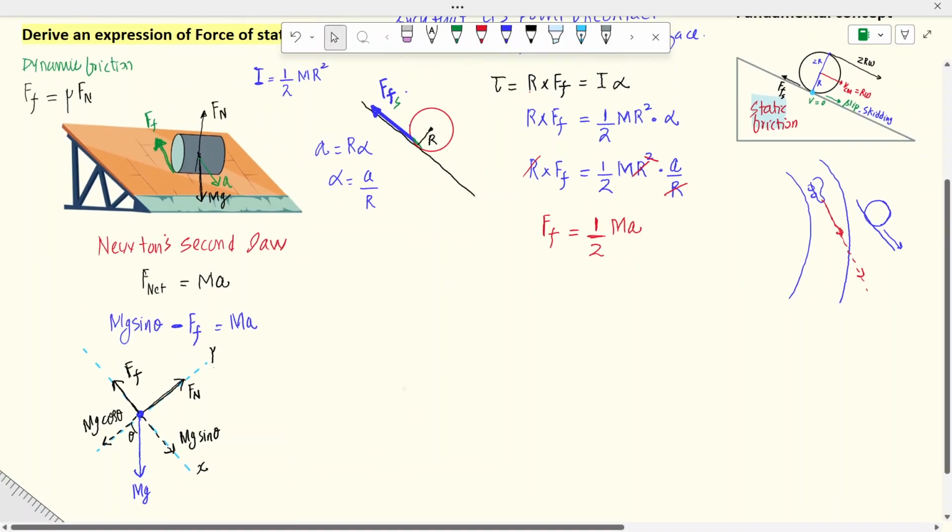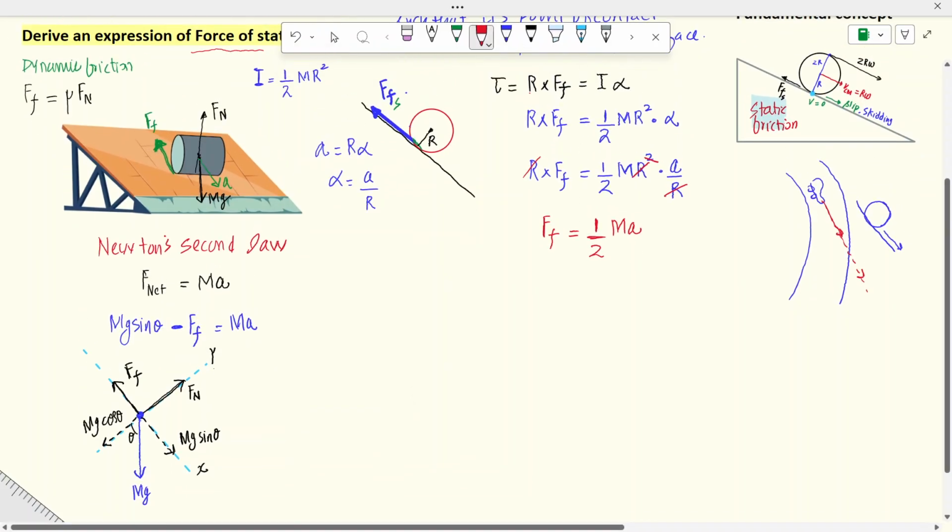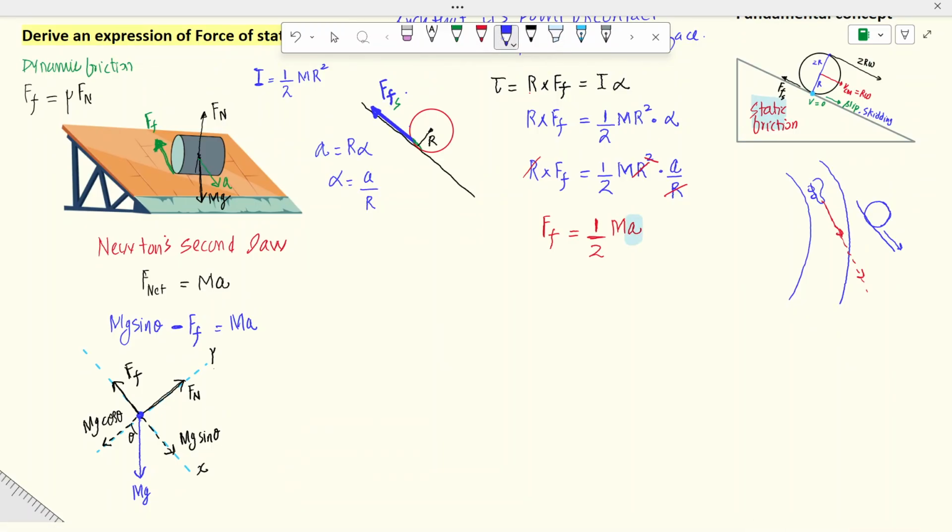Now, because we want to derive an equation for the static force of friction, we should eliminate this acceleration. So why not multiply by 2 on both sides and get an expression for acceleration? That will be 2 times the force of friction over m.